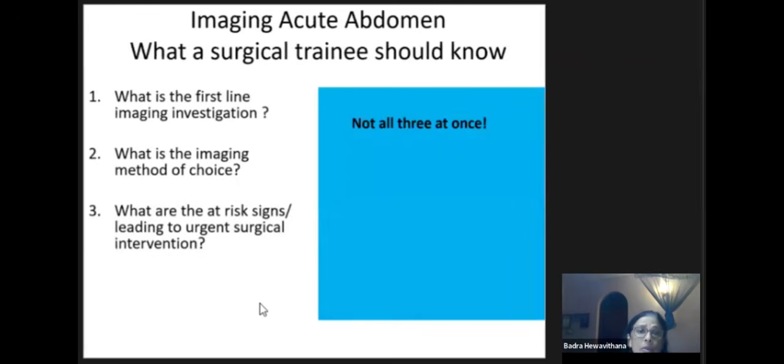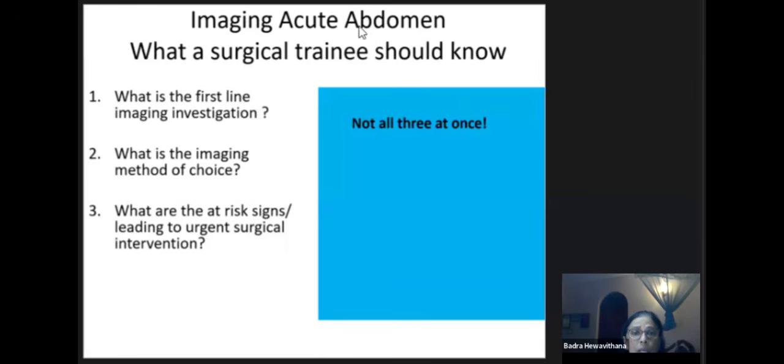Then what you all should know, especially the radiology and surgical trainees, I can see a lot of consultants, not the trainees. What is the first line imaging investigation? What is the imaging method of choice for any disease or diagnosis? You should know these questions and answers. And what are the at-risk signs leading to urgent surgical intervention?